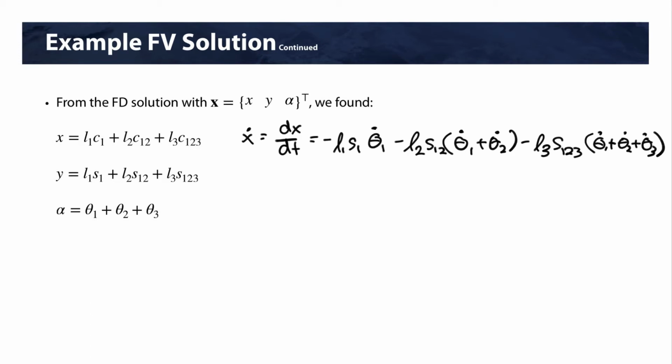And remember, we use the shorthand notation: C1 is cosine theta 1 and S1 is sine theta 1.